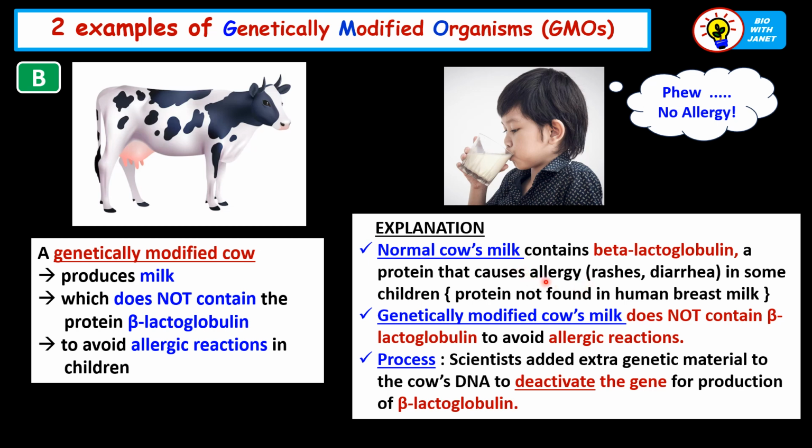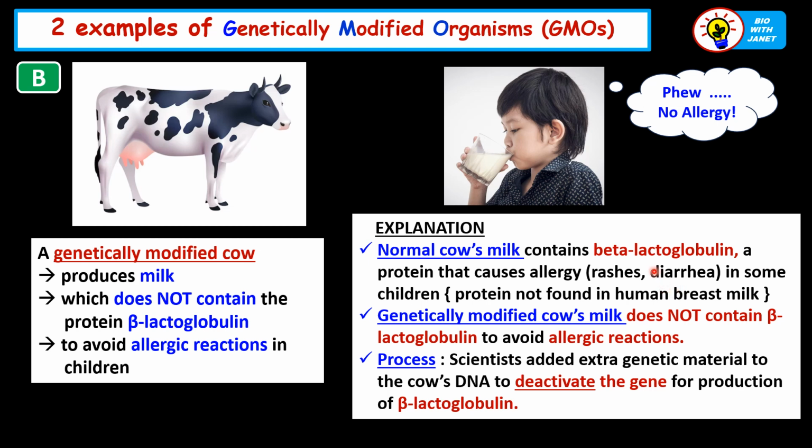In Chinese we say 敏感, and in Malay we call it kepekaan. The person is too sensitive towards a product such as milk, and when the child who is oversensitive to this product drinks the milk, he will experience rashes, diarrhea, and there may be other symptoms of the allergy.